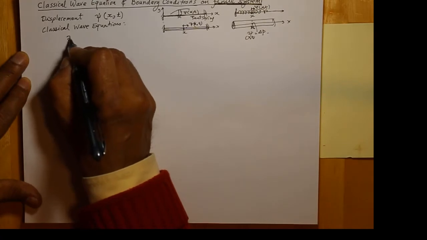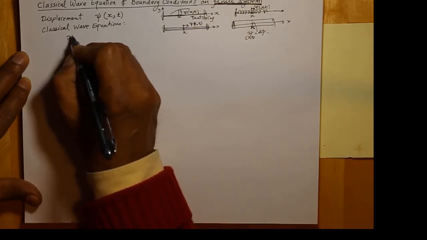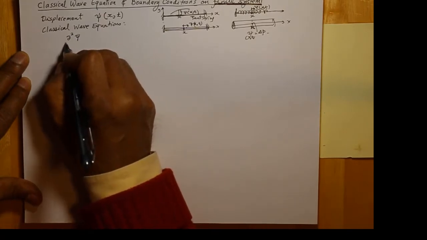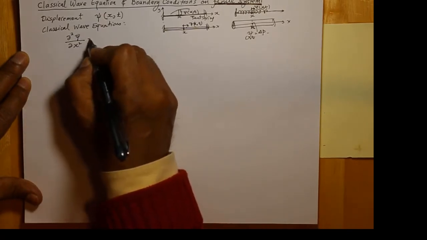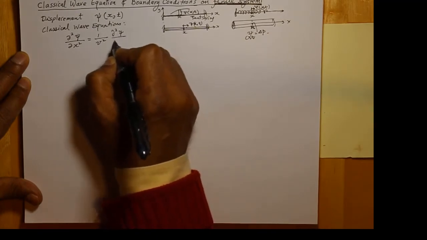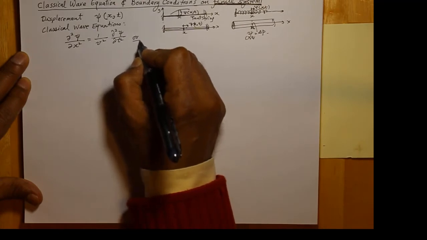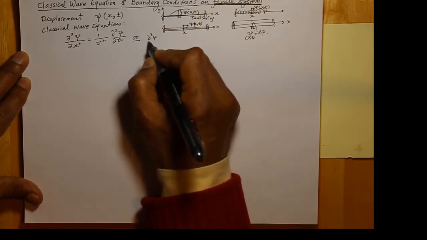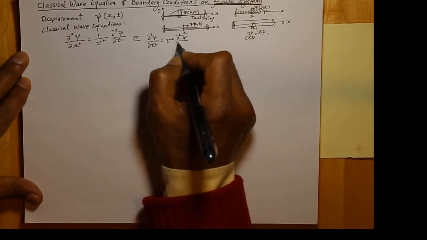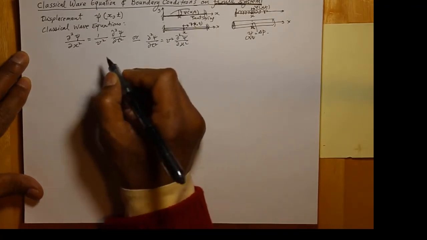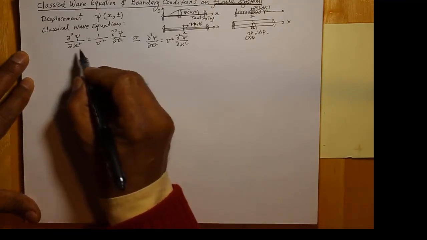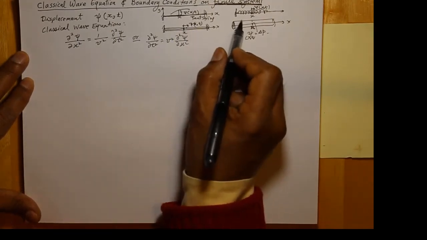We can write it as d squared psi dx squared equals 1 over v squared times d squared psi dt squared, or as d squared psi dt squared equals v squared d squared psi dx squared. One of the two forms, right? Boundary condition refers to what happens at the two ends.